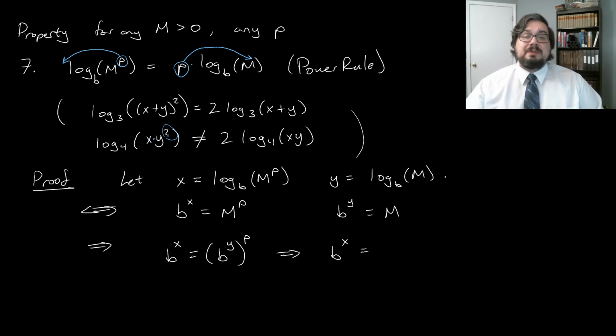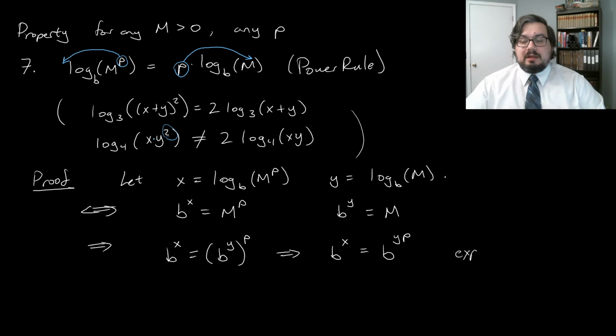And the exponential property we're going to use here, which is what the power rule for logarithms is reflecting, is that if I have b raised to the y and then that all is raised to the p, that's the same as b raised to the y times p. But we know that the exponential functions are 1 to 1.